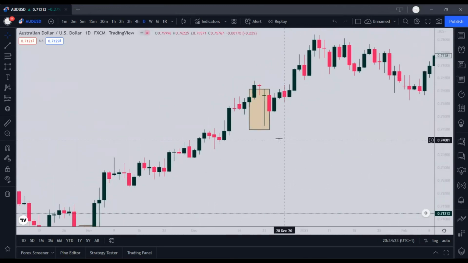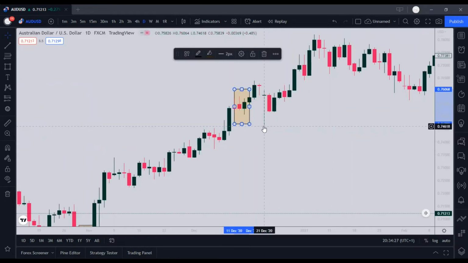Don't just enter into it. You can see what's happening here. Sellers were in control first, it opened here. Then some buyers took over up to this place. Then sellers came in and moved the market all the way down to the low. Then the buyers said, no, we will not agree.